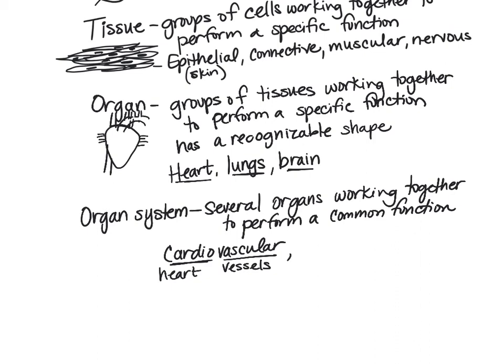Another example of an organ system would be our skeletal system. We'll have different organs there, the different bones in the skeletal system. We have different connective tissue in part of the skeletal system making up our joints. We also have our muscular system. So we have the different muscles working together to perform a common function.